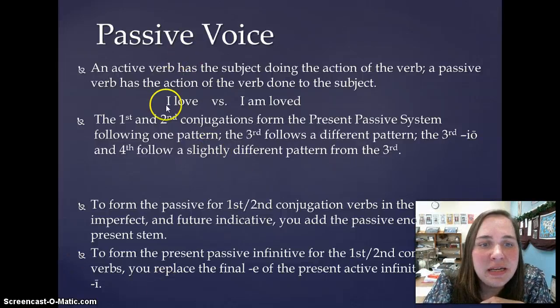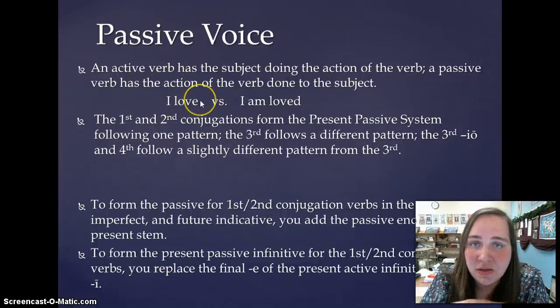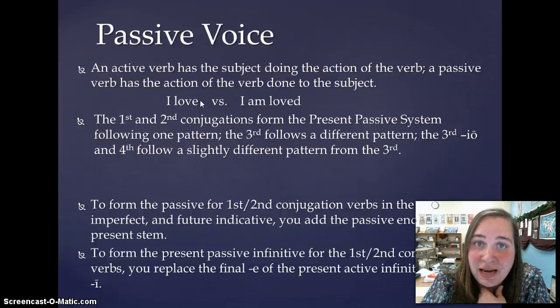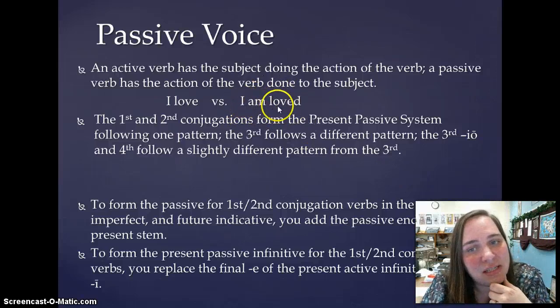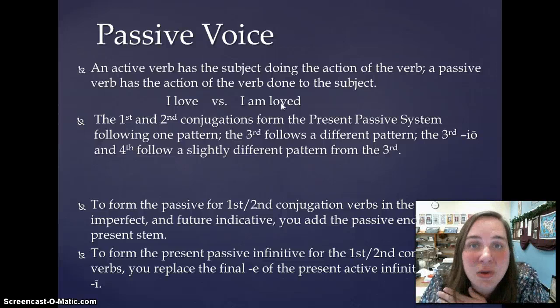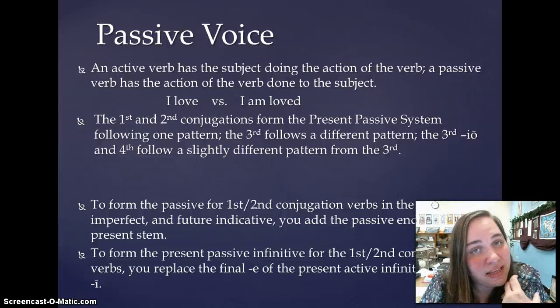It's the difference between saying I love, so the action of the verb is loving, and I am the subject, and therefore I am doing it, therefore it's active, I love, as opposed to I am loved. The action is loving, but I'm not the one doing it. The subject is not the one doing it.